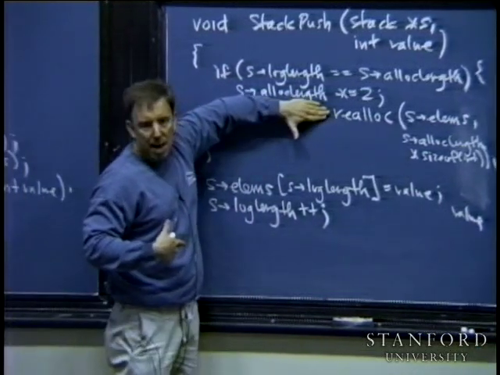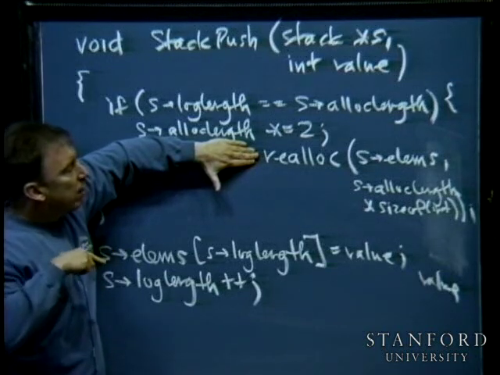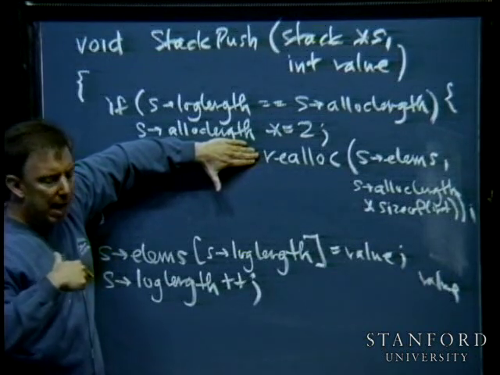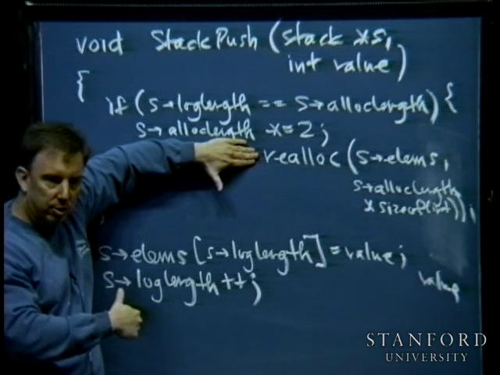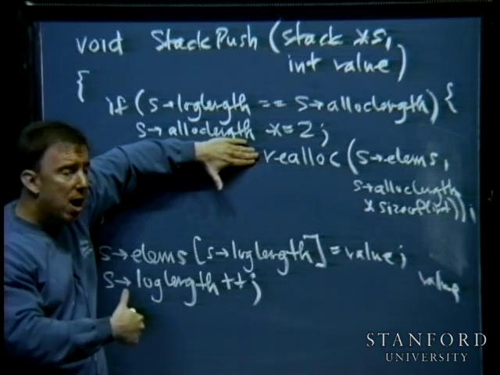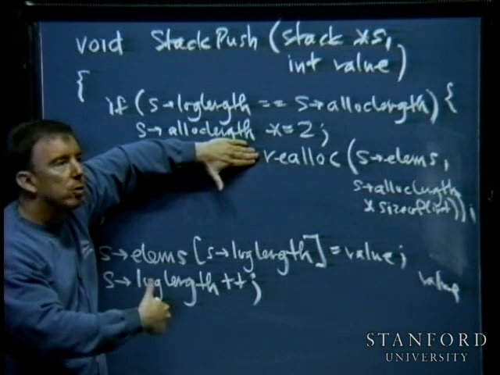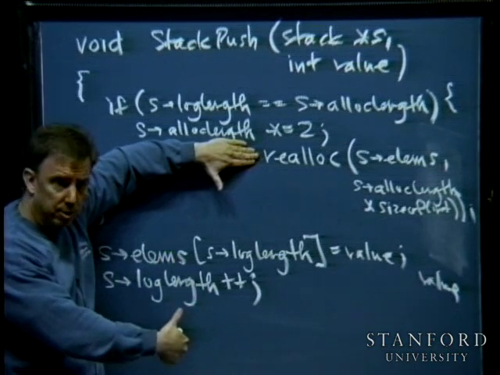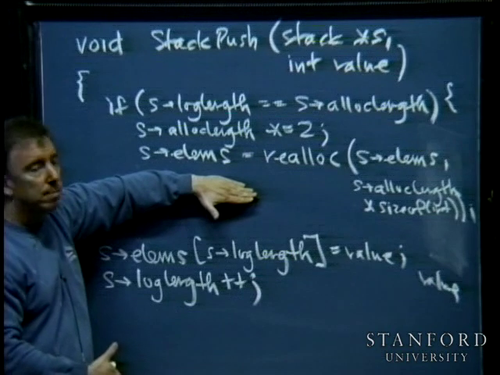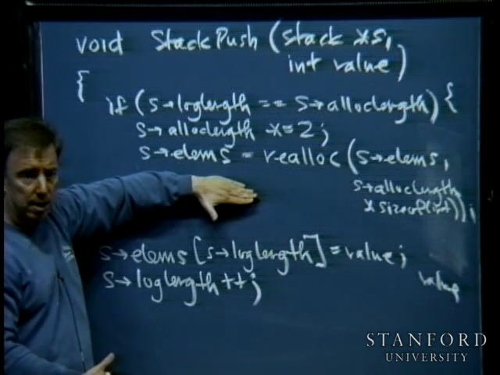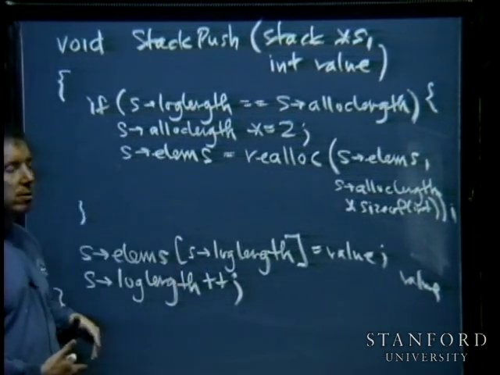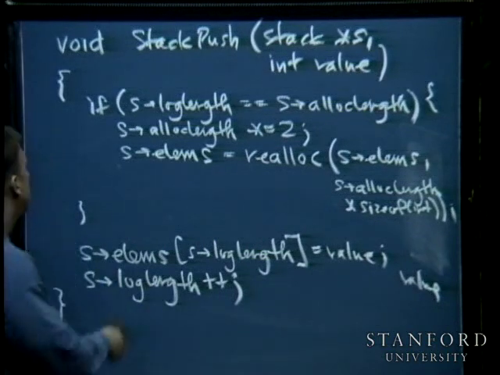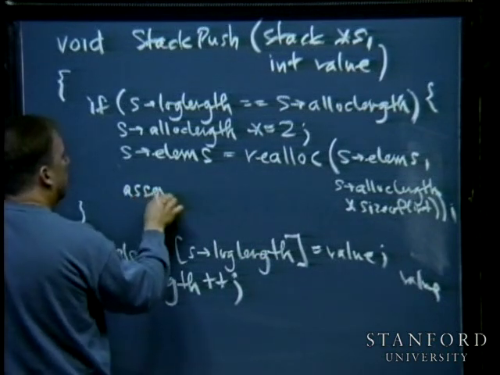If you forget to do that, then S arrow elems captures the original address, which may have changed, and you now, after this call, may be referring to dead memory that's been donated back to the heap manager. So it's very important to catch it like this. If realloc fails, it'll return null. So I'm going to put an assert right here.